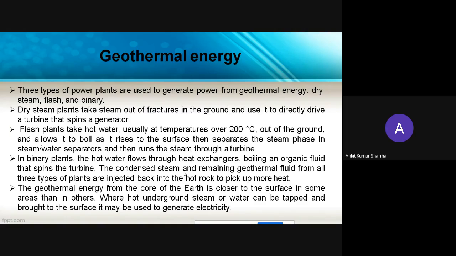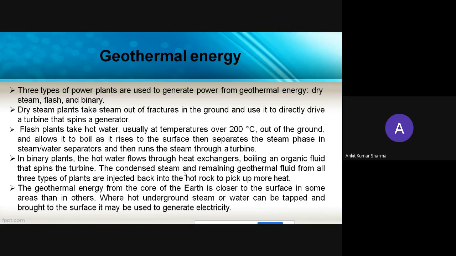And in the binary plant, we use steam with water, so binary means water plus steam. A dry steam plant takes steam out of fractures in the ground and uses it to directly drive a turbine that spins a generator. So dry steam can be injected directly into the turbine blades.